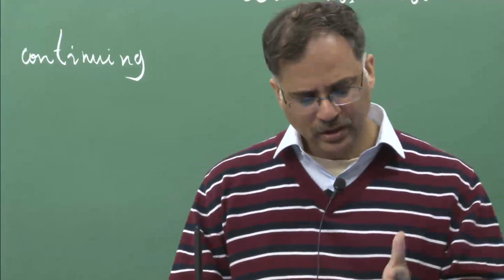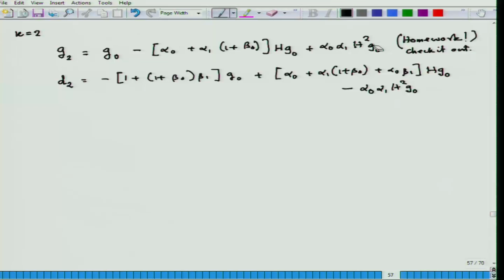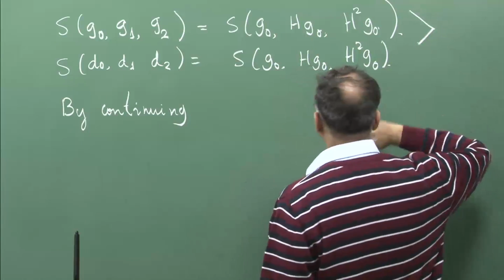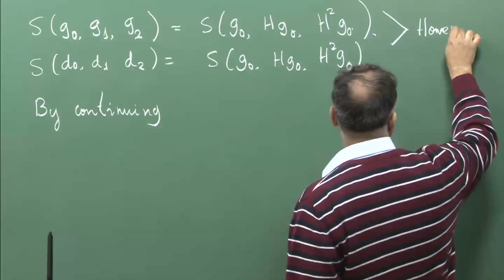Now there are 3 terms: g0, H g0 and H squared g0, expressing g2 and so d2. So, what we found is these two. These two you have to again find as homework, it is not very difficult, it is plain simple manipulations.